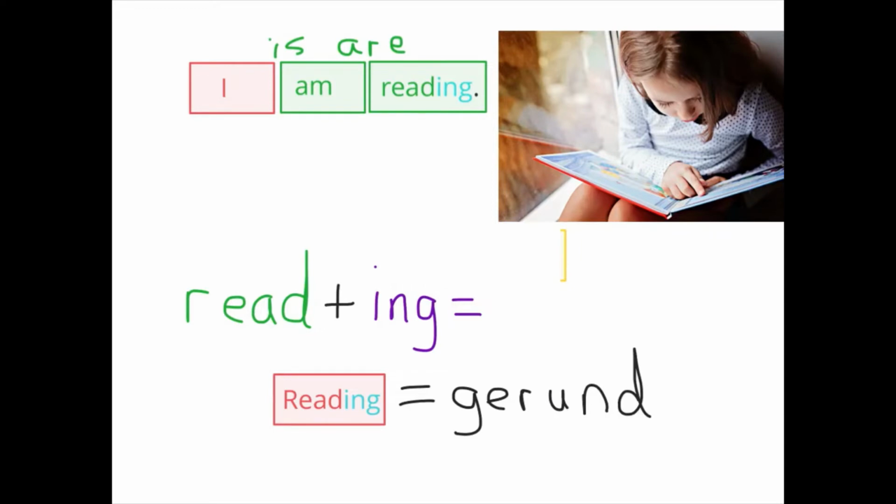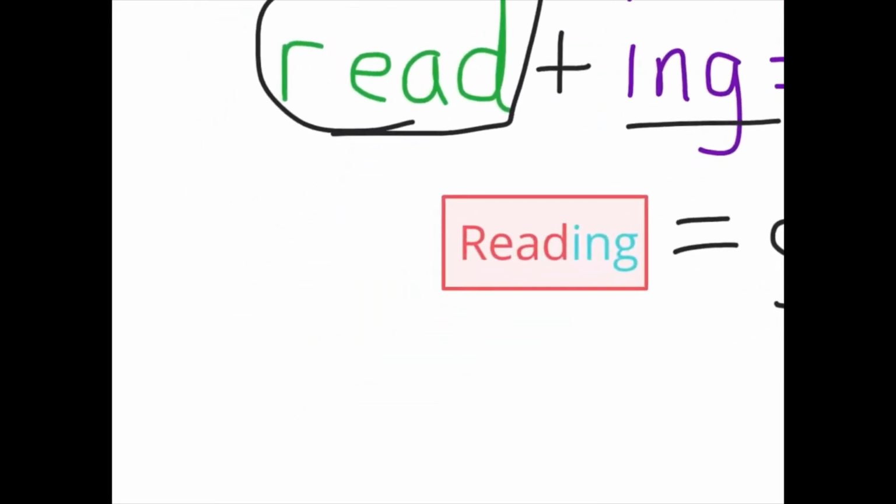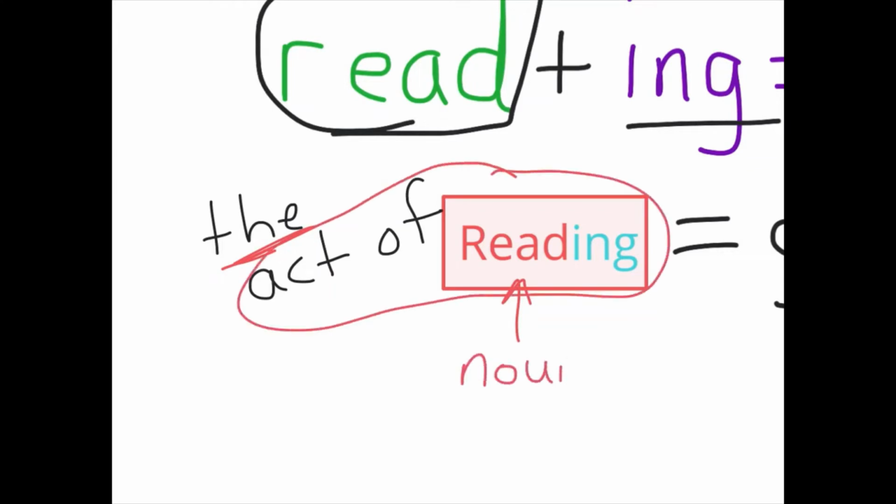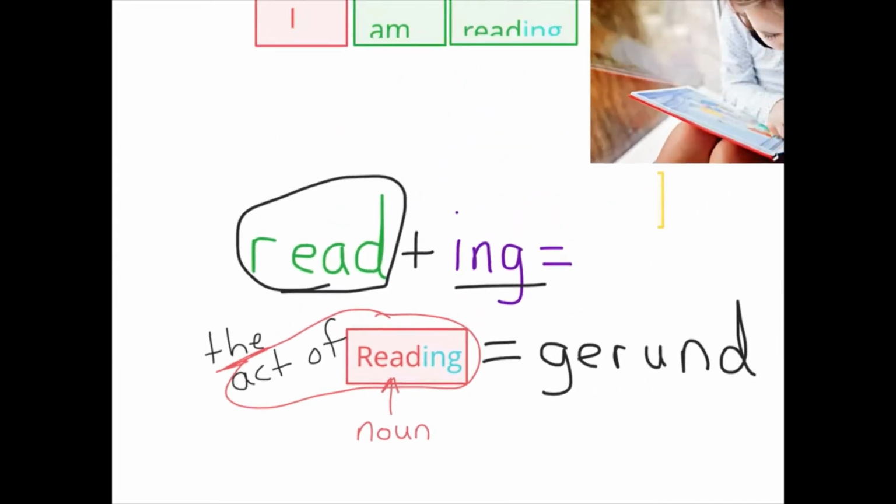This is when we take a verb, an action verb like read, we add ing to it, and then we're going to call it the act of reading. And you see there's the word the in front of it, which turns this whole thing together into a noun, which means we can use it as the subject of our sentence.